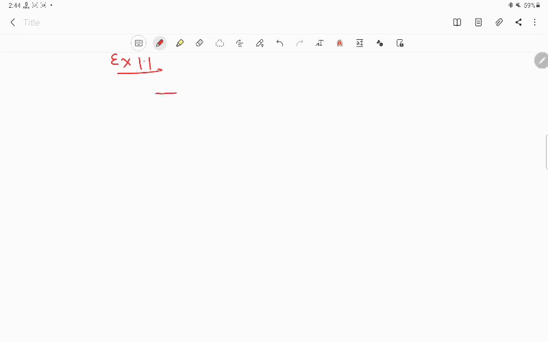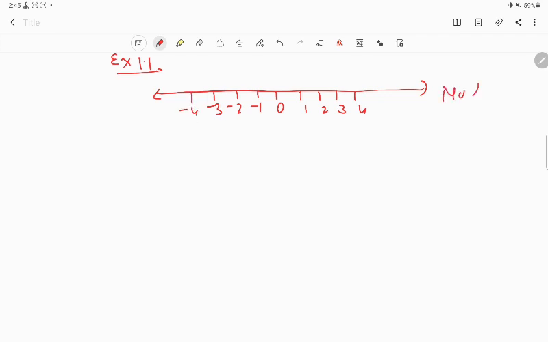So see here, you write 0 in the middle, right of 0 is the positive numbers 1, 2, 3, 4, 5, etc. Left of 0 is minus 1, minus 2, minus 3, minus 4, etc. This is called the number line. So the first question given here, first A, represent plus 3 plus 5 on the number line.